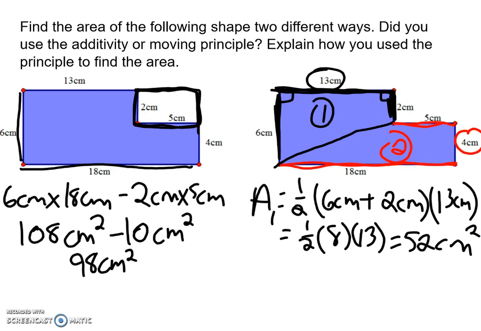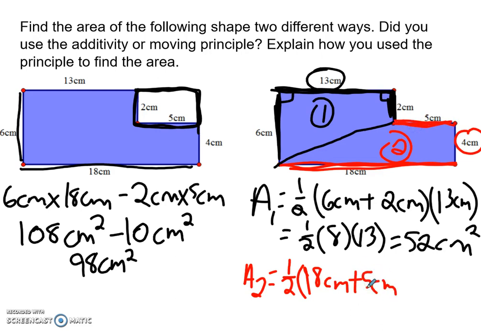So now let's look at the area of the second one. Change our colors here. So again, it's 1/2 base 1, so there's my 18 centimeters, plus base 2, which is 5 centimeters, times my height, connecting my two bases here, it's 4 centimeters.